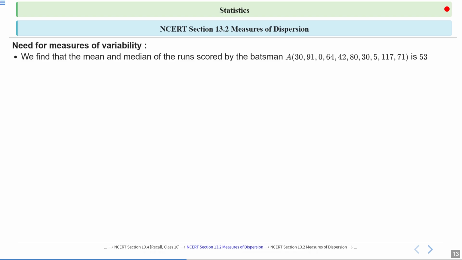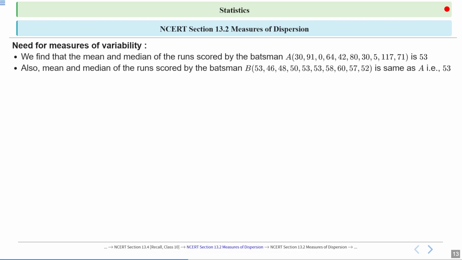We find that the mean and median of the runs scored by batsman A is 53. Also, the mean and median of the runs scored by batsman B is the same as A, that is 53.